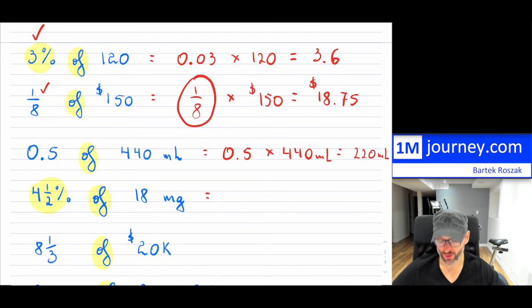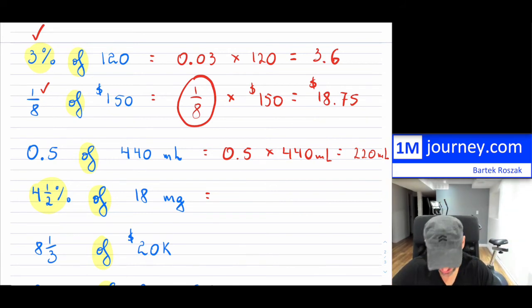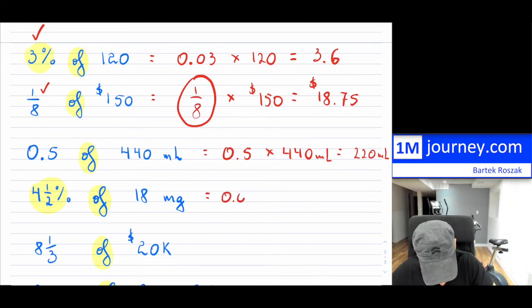So what about the next one? This one is 4.5%. So again, this comes down to, can you change this back to a decimal? And that's the original thing that I was pointing out. You can go back to that link. So you're comfortable in changing between percents, decimals and fractions if necessary. So 4.5% as a decimal is going to be 0.045, multiplied by 18 milligrams.